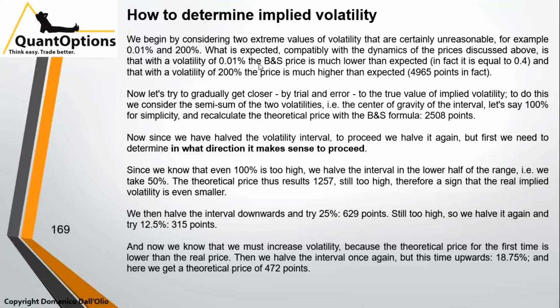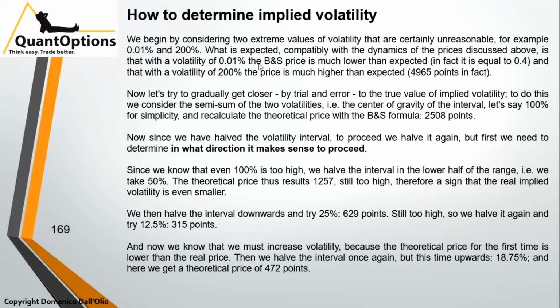Since we know that even 100% volatility is too high, we halve the interval in the lower half of the range. That means we take 50%. The theoretical price results 1,257, still too high. Therefore, the real implied volatility is even smaller. So we halve the interval once again downwards and try 25%. And the result is 629 points. Still too high, so we halve it again and try 12.5%.